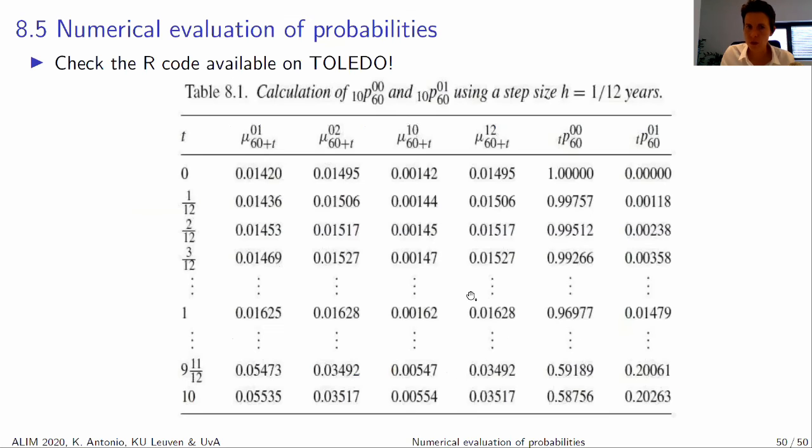Essentially, you're going to work with a raster like this, where you start with t equal to 0 and move in small steps. Here we go in steps of length 1/12, and we move until t is equal to 10. We fill in our expressions. We start with the boundary conditions here, and with the given expressions for the transition intensities.